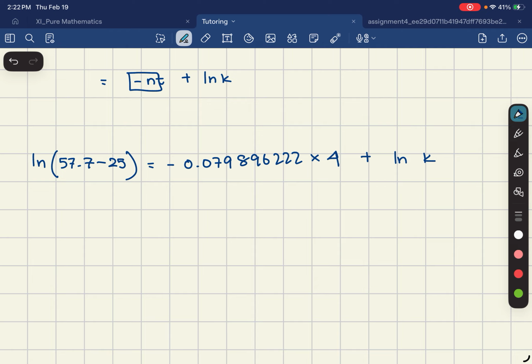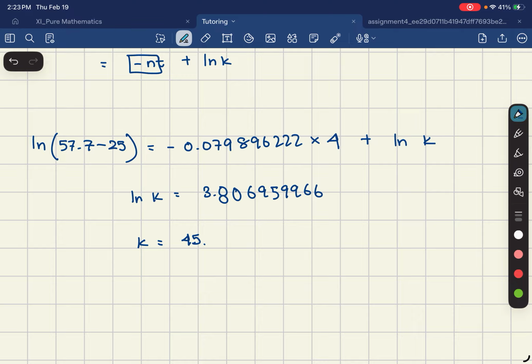So ln K is ln of 57.7 minus 25 plus 0.07989622 times 4. So ln K is about 3.8069599966, and therefore K is e to the power of my answer, which is 45.0133, so 45.0 to 3 significant figures.